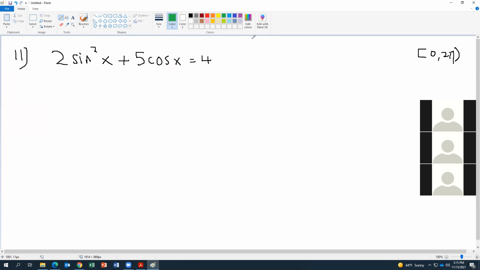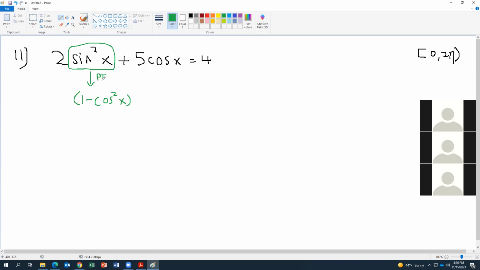Anyone know where to start on this question? Change the sign. And be 2 parentheses 1 minus cosine squared x plus 5 cosine. Wait. Yes, Kevin, you're way too fast. Yes, we're gonna use Pythagorean to do this.